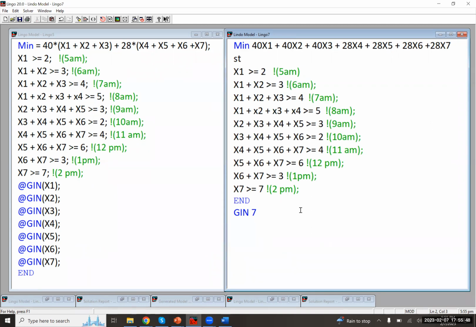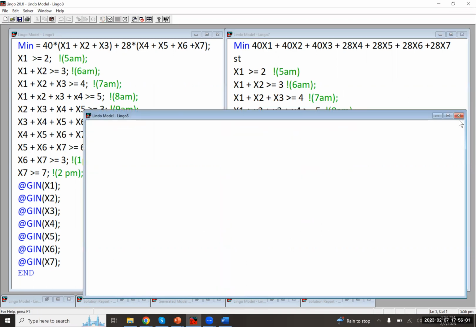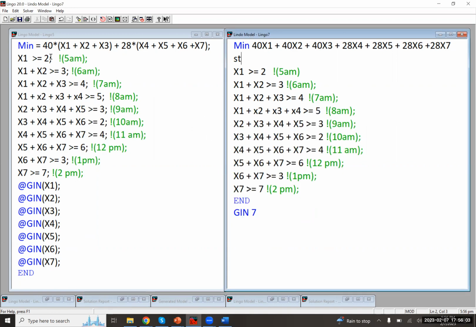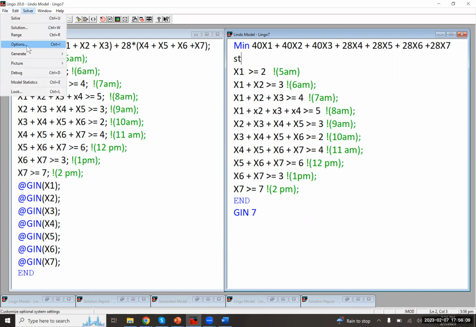Now let's work on LINGO sets for this problem. So I'm gonna open a LINGO window. So let's go back to solver options.